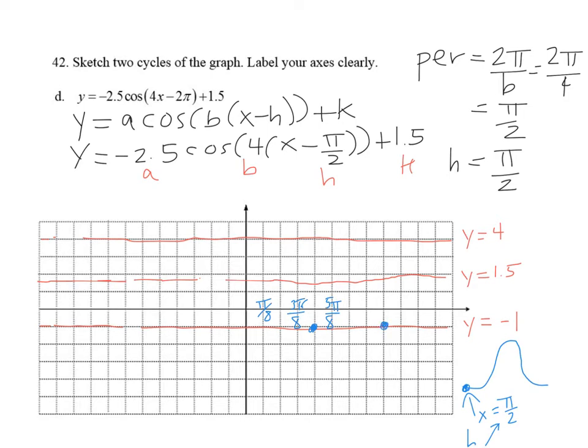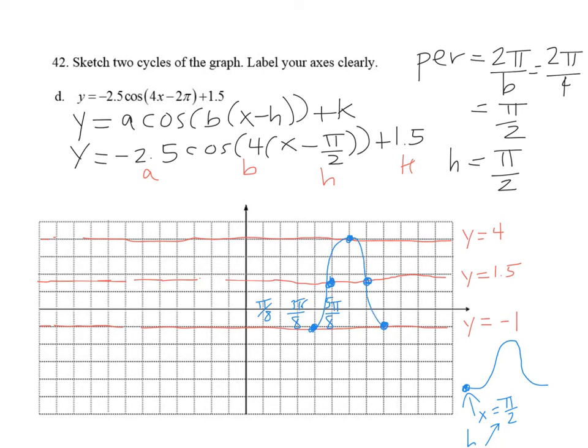So that will be the end of the cycle. Halfway between those, the graph hits the maximum. Halfway between the first and second points that I drew, it's going to hit the midline. And then halfway between the other 2 points, it also hits the midline. So then that makes one upside down cosine cycle look like this.